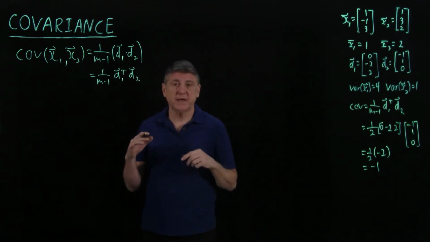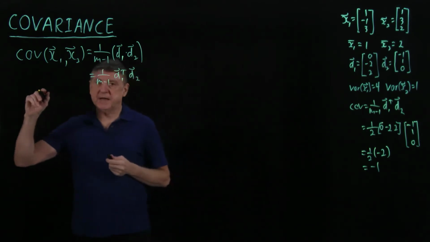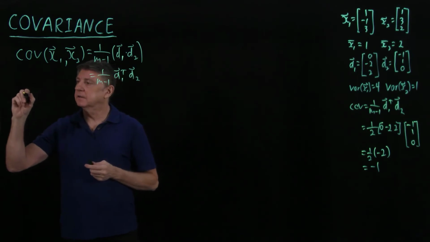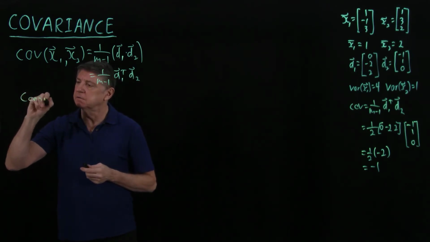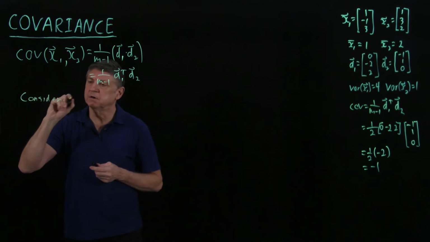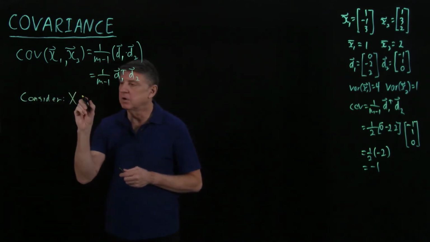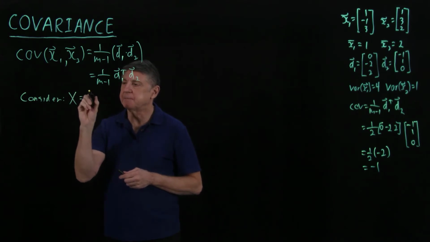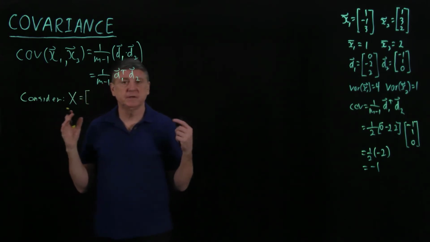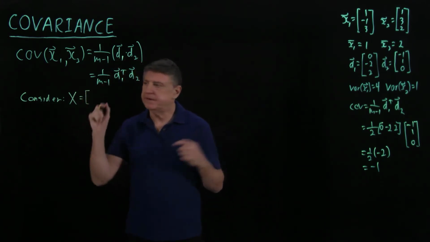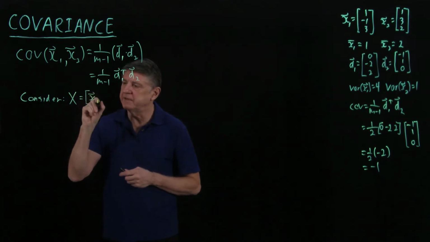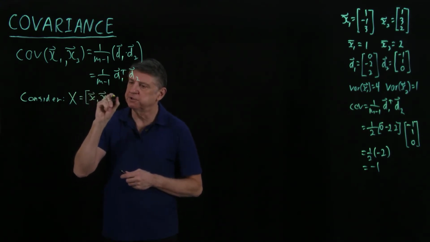Well, suppose we consider a design matrix. We'll get into design matrices later on, but for now we'll represent this as a capital X. And suppose that we're given a number of data vectors. So we have data vector 1, data vector 2, and so on.